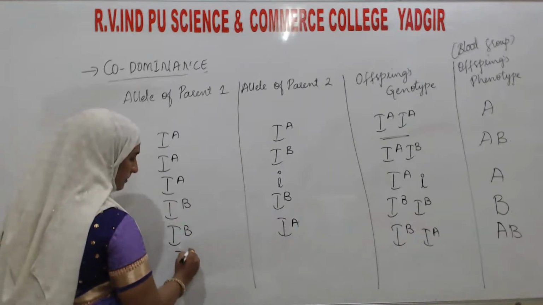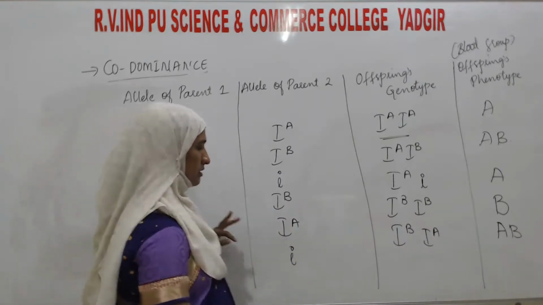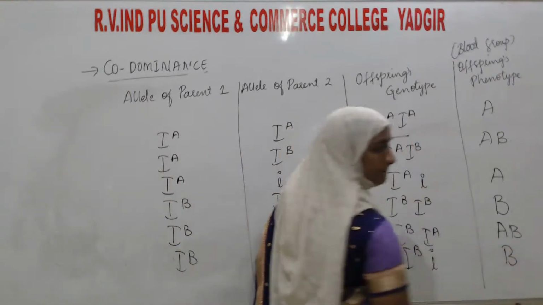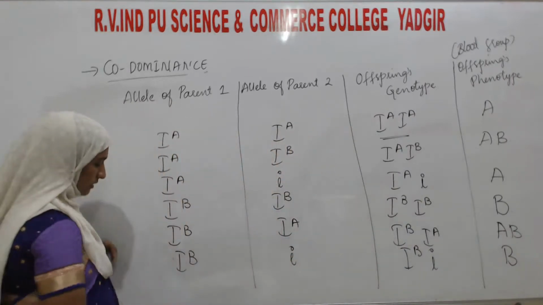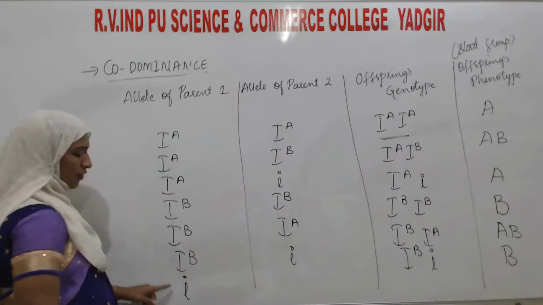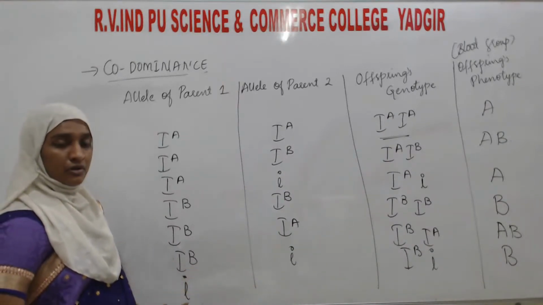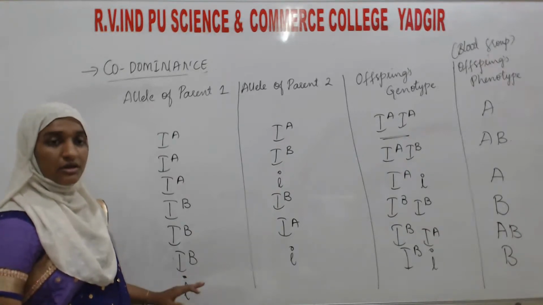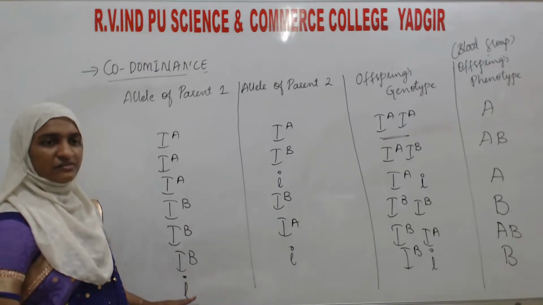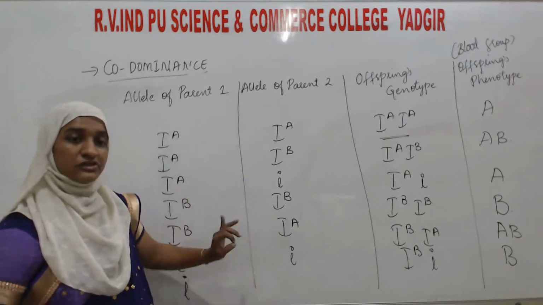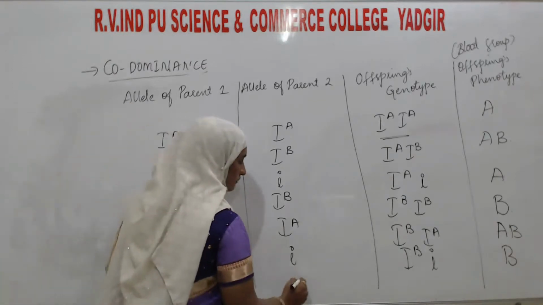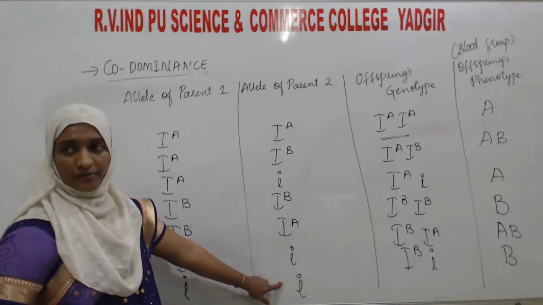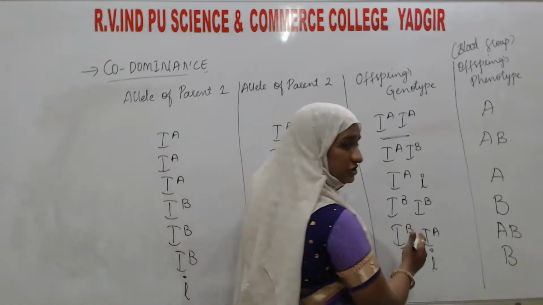IB and small i. There the blood group will be B. Lastly, one more is there. If parent 1 has the gene small i, which does not produce any sugar polymer on the RBC, and parent 2 also has the same allele, small i, what will be the genotype here?